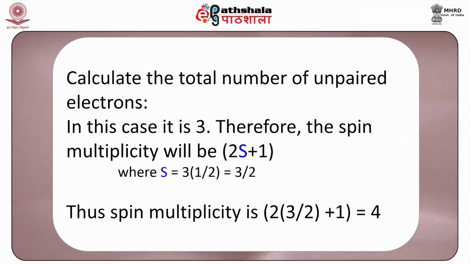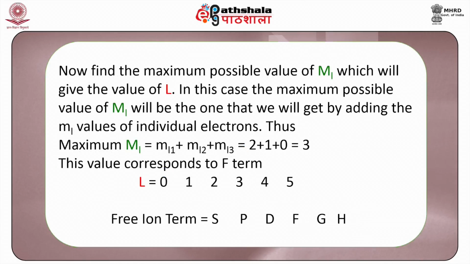Therefore, the spin quantum number will be S equal to 3 by 2. The spin multiplicity will be given by 2 into 3 by 2 plus 1, which will be equal to 4. Now we will find the maximum possible value of ml, which will give the value of capital L. In this case, the maximum possible value of ml will be the one that we will get by adding the small l values of the individual electrons.